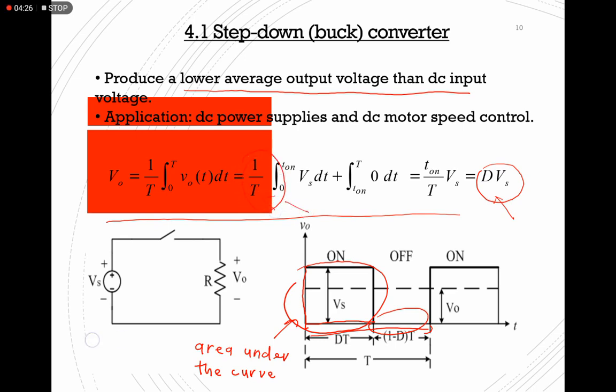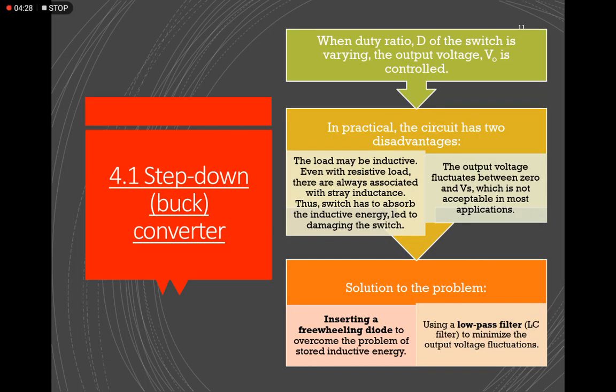For the switch mode regulator, it works fine if you have an R load, as the previous circuit just now. But let's say that your load is an inductive load, so you have the inductor RL load. An inductive load normally has what we call stray inductance.